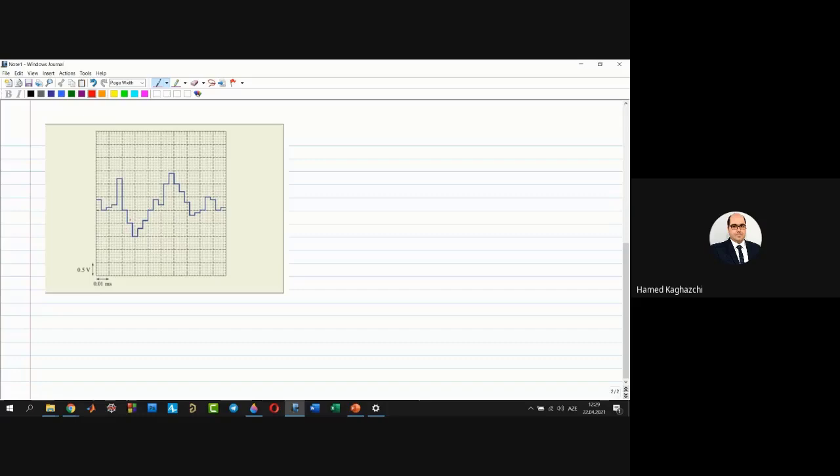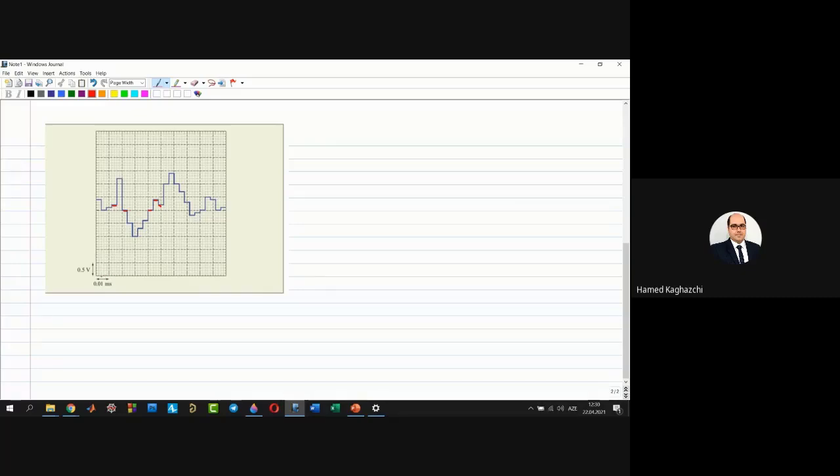If I look at the horizontal axis, I understand that I have two small divisions for each period. Look at here, two small divisions, two small divisions. This is the period of time.